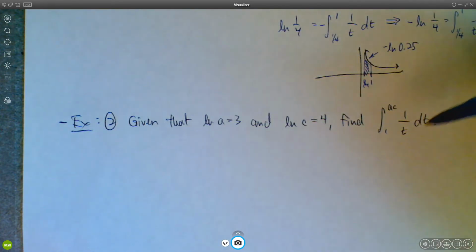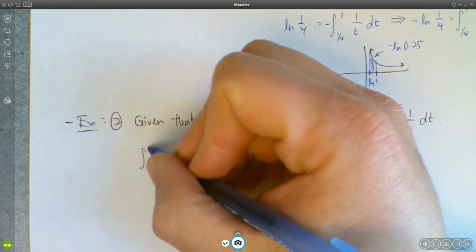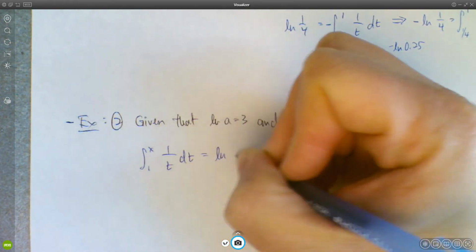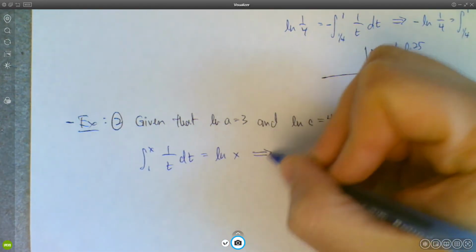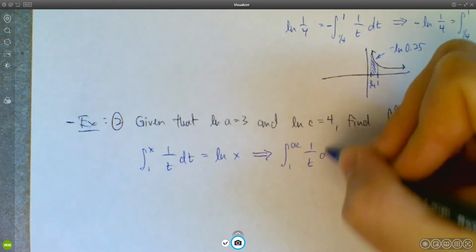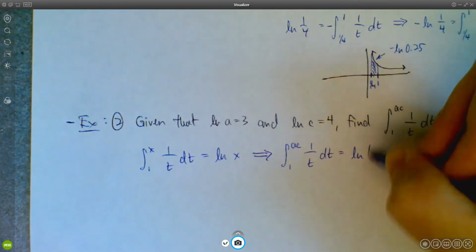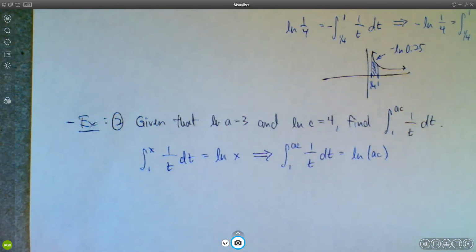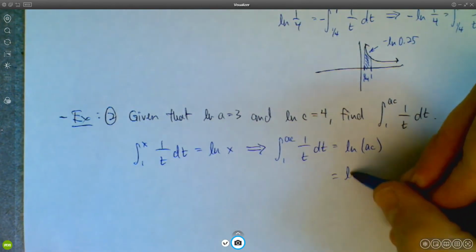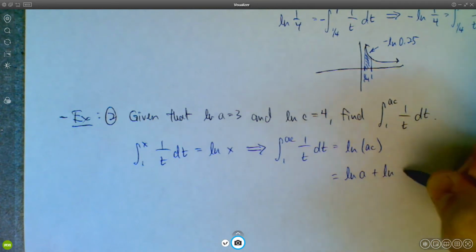Well, we know that the integral from 1 to x of 1 over t dt is just ln of x. And therefore, the integral from 1 to ac of 1 over t dt is just ln of ac. We also know that ln of ac is ln of a plus ln of c.